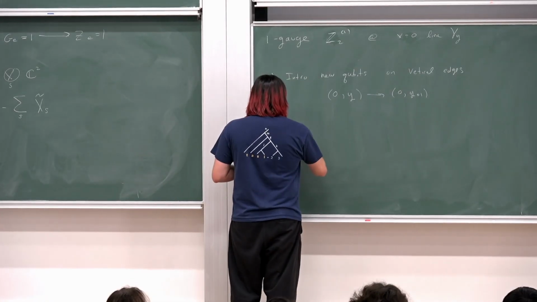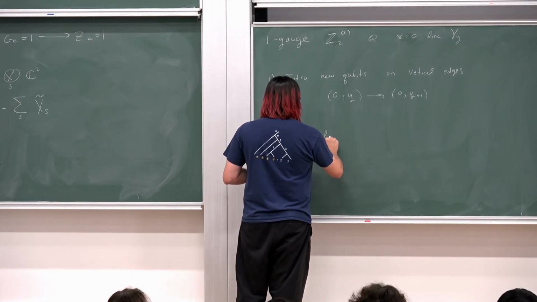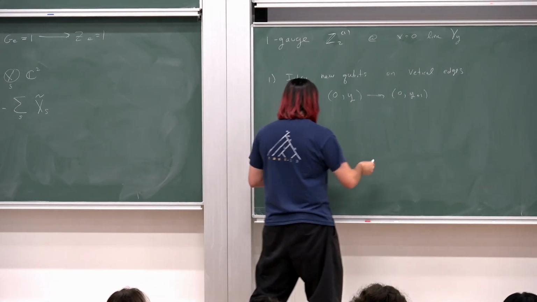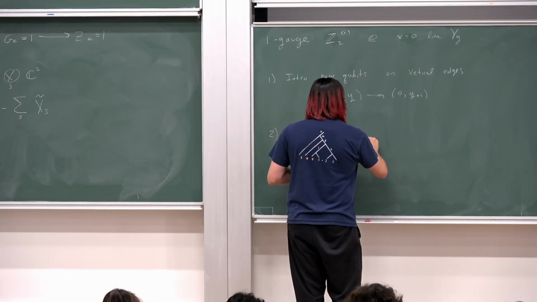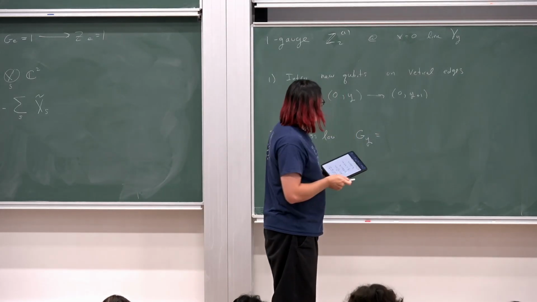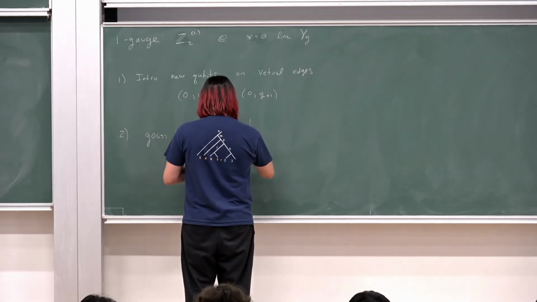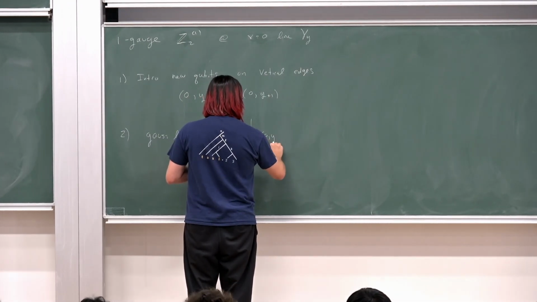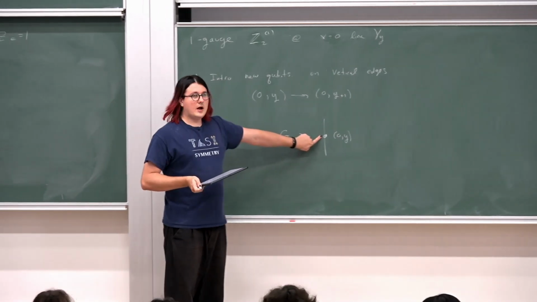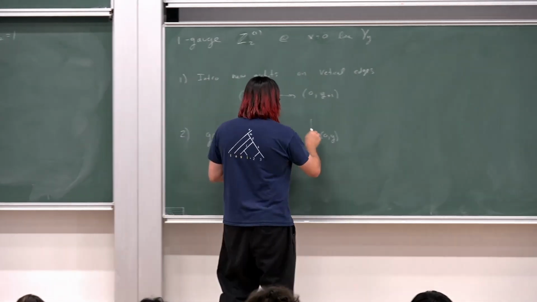So step 2 is going to enforce a Gauss law. And the Gauss law I'm going to choose is going to be defined with a y coordinate. So if this is the site 0, y, the Gauss law is going to be the following.